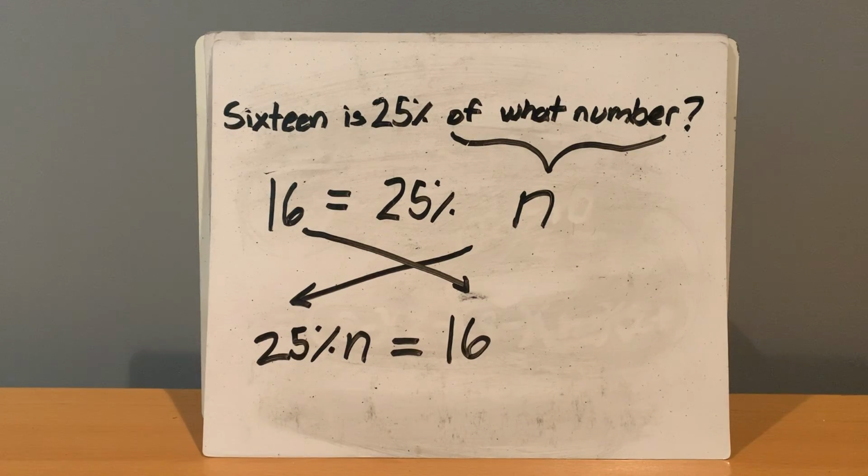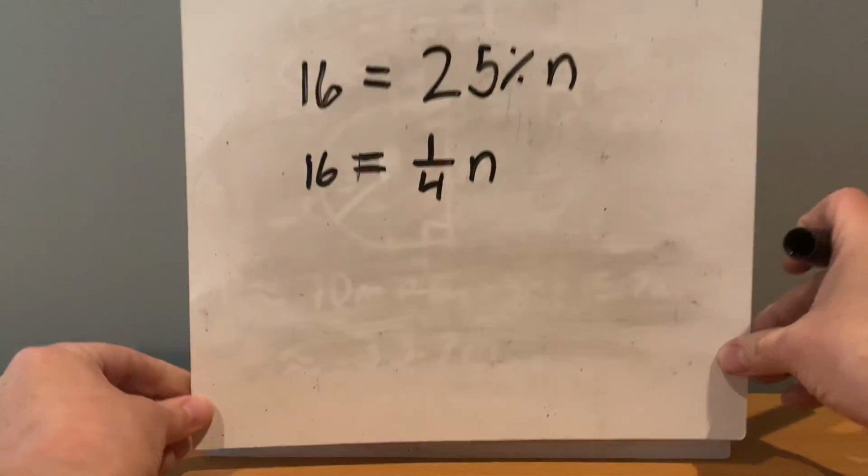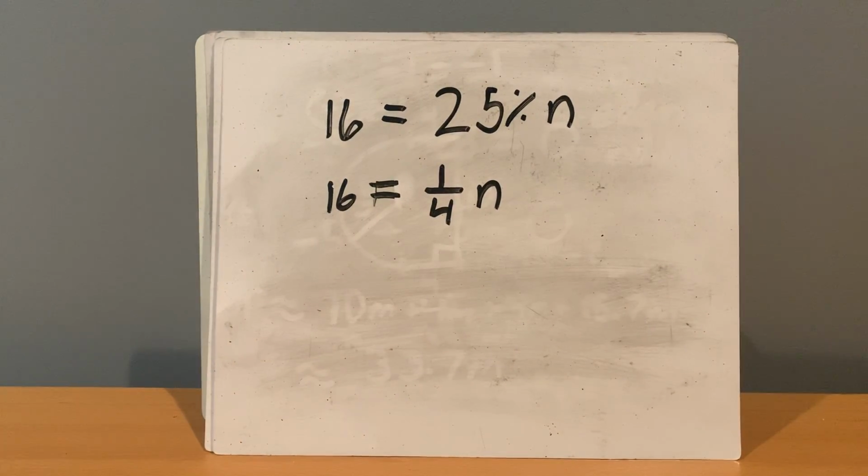We're going to solve it just as it's translated, and we're going to solve it as a fraction. So we're going to take 16 equals 25% n, put it into fraction form. 16 equals 1/4 n, and we will solve that by dividing both sides by 1/4.